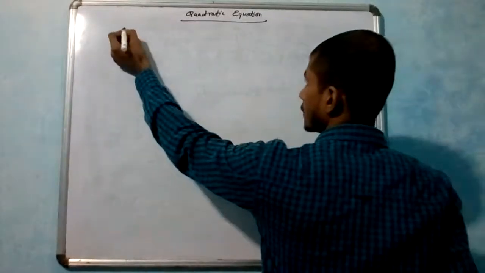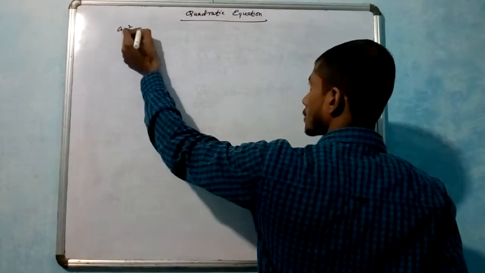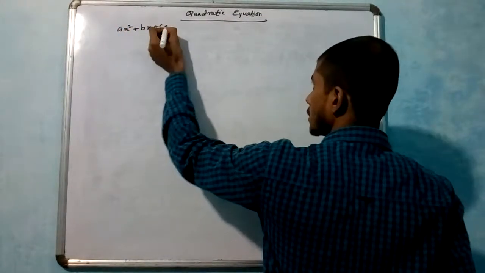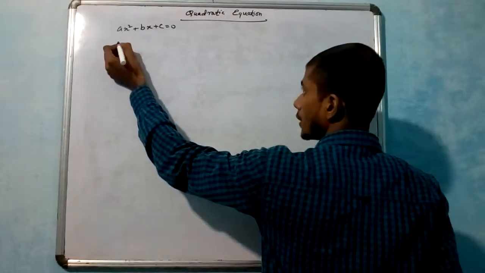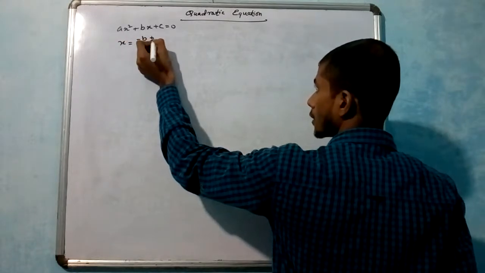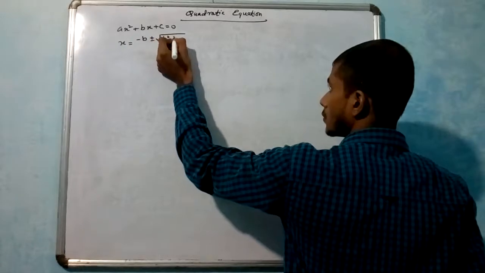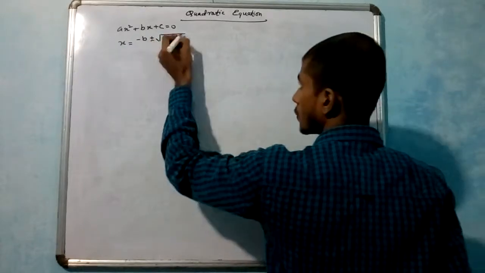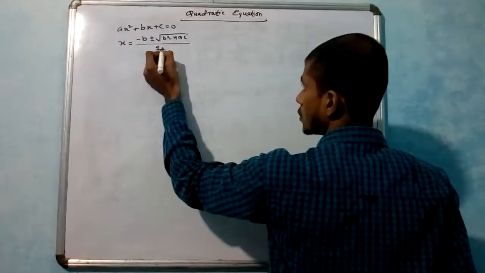Okay, so if we have a quadratic equation like ax square plus bx plus c is equal to 0, then by quadratic formula we have x is equal to minus b plus minus of square root of b square minus 4ac by 2a.